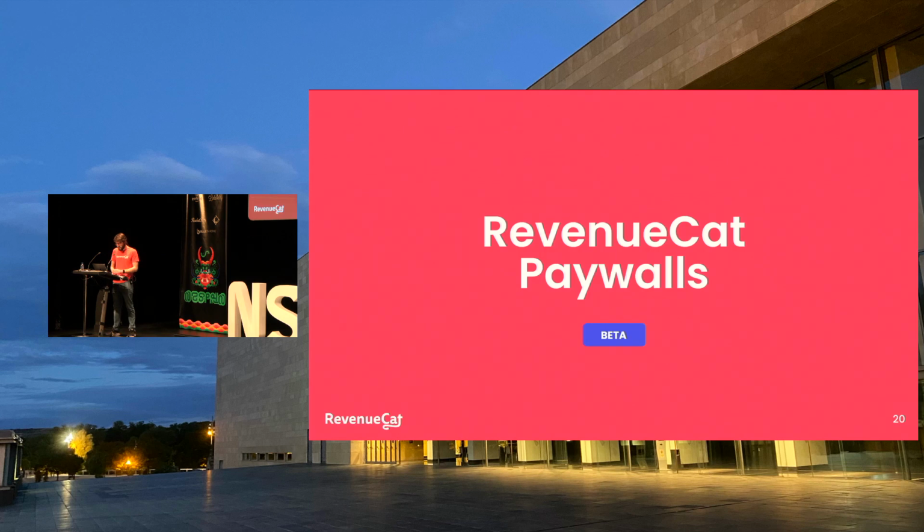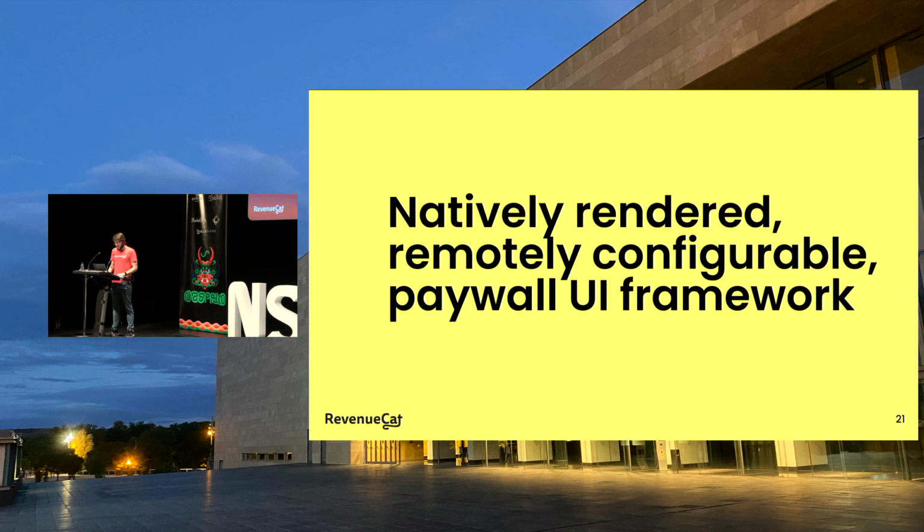But at RevenueCat, we've been working on an alternative that we just released as beta called RevenueCat Paywalls. And what's RevenueCat Paywalls? Well, RevenueCat Paywalls are a natively rendered, remotely configurable paywall UI framework.